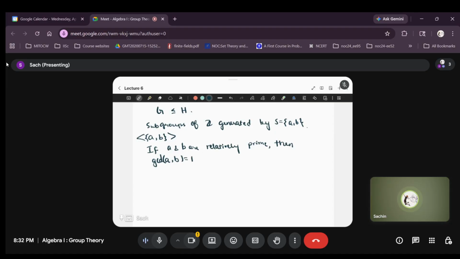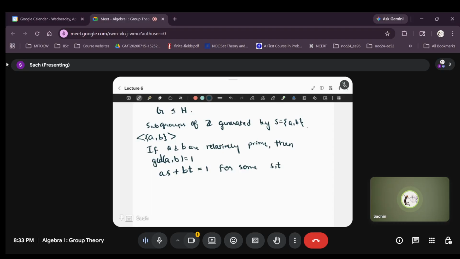But GCD is the smallest positive number that you can write in the form as plus bt. So you can always write as plus bt is equal to 1 for some integers s and t.